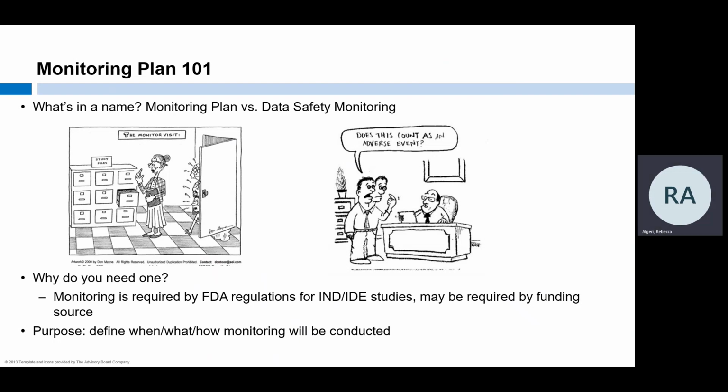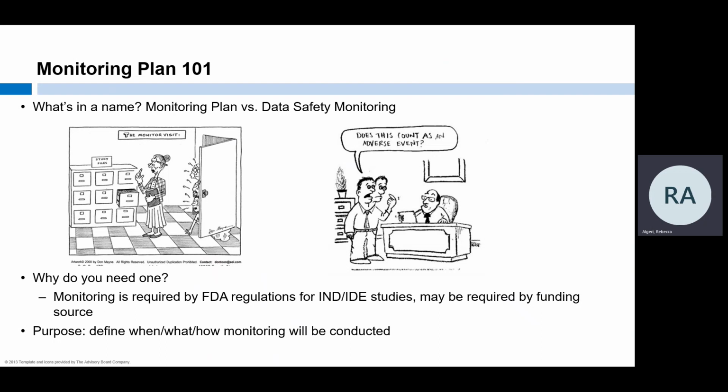A data safety monitoring board, otherwise known as a DSMB, or an independent medical monitor, reviews safety information in the form of clinical data and adverse events to determine if the study is safe for subjects to participate in as the protocol is currently written. The DSMB or medical monitor can request revisions to the protocol at any stage of the trial to enhance the safety for study participants.